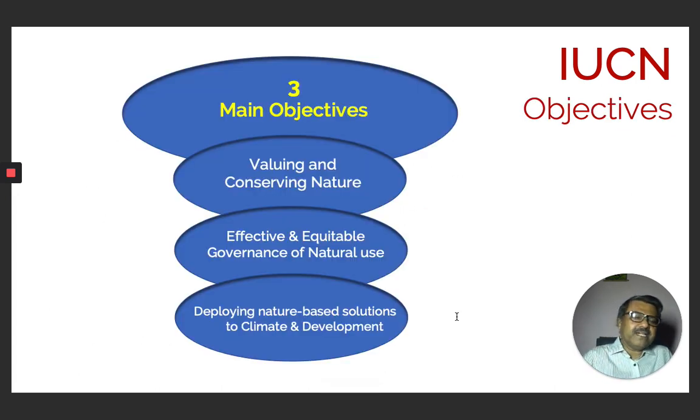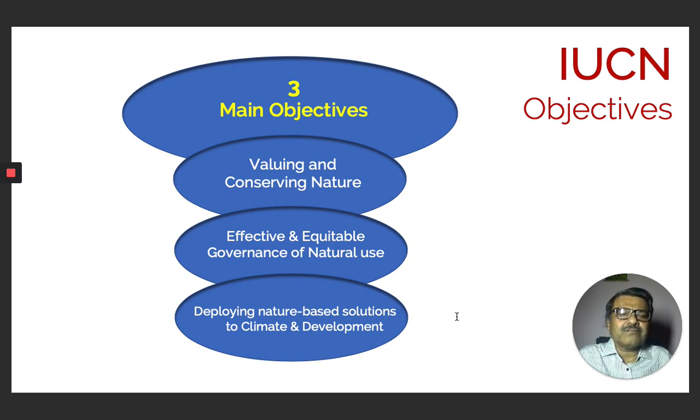Now there are three main objectives of IUCN. The first objective is valuing. Whatever natural resources are available, how to conserve them and what is their value. So valuation of each natural resource and its conservation is the main objective of the IUCN. The second one is effective and equitable governance of natural resource use.